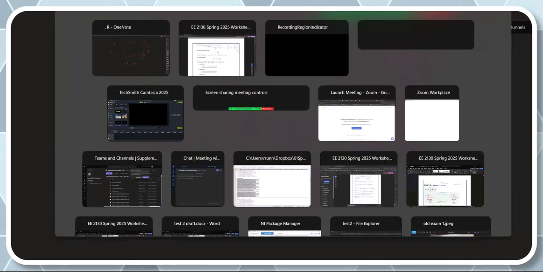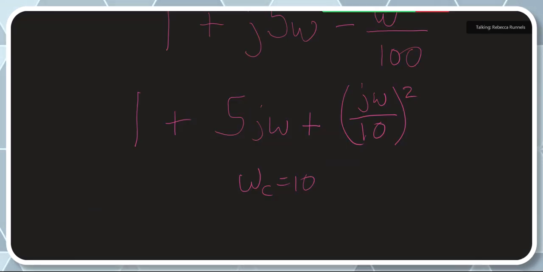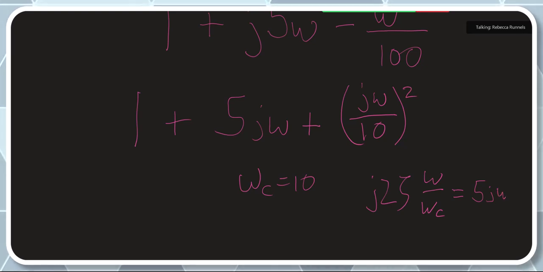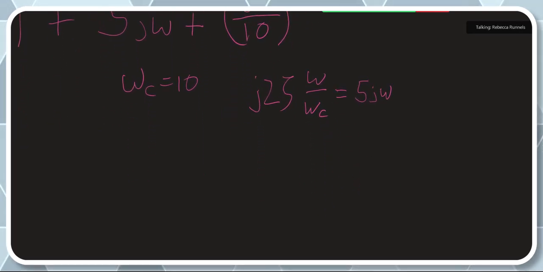And from that, I can find the damping factor, because I know the damping factor comes from j2 zeta omega over omega c. So j2 zeta omega over omega c is supposed to be my linear term, and in mine, that equals 5j omega. So I found omega c, that's 10. So j2 zeta omega over 10 equals 5j omega.